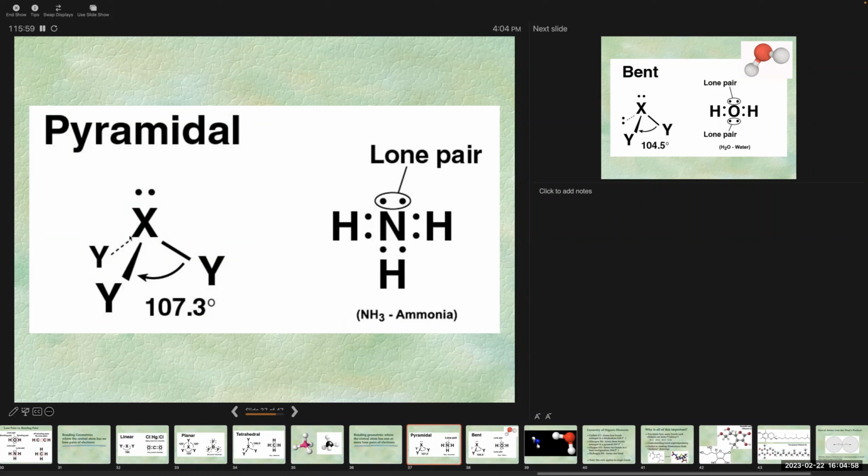The reason that these angles between the Ys are a little smaller is because that lone pair up at the top, not only is it behaving as if it's a fourth thing bonded to the X, but it's pushing harder. The lone pair is repelling the bonding pairs more strongly than the bonding pairs are repelling one another. So it's squeezing the bonding pairs closer to one another by a little over 2 degrees, which doesn't seem like a lot, but it does influence the geometry of the bonds.